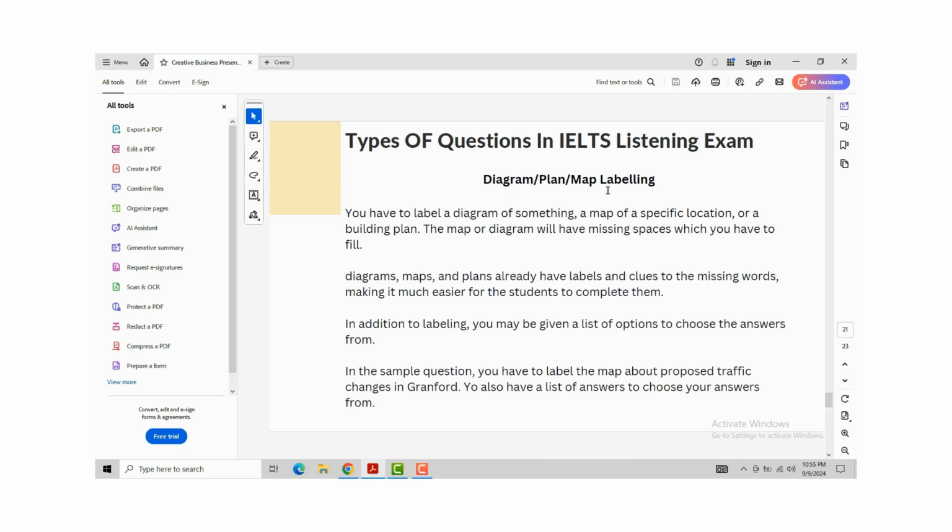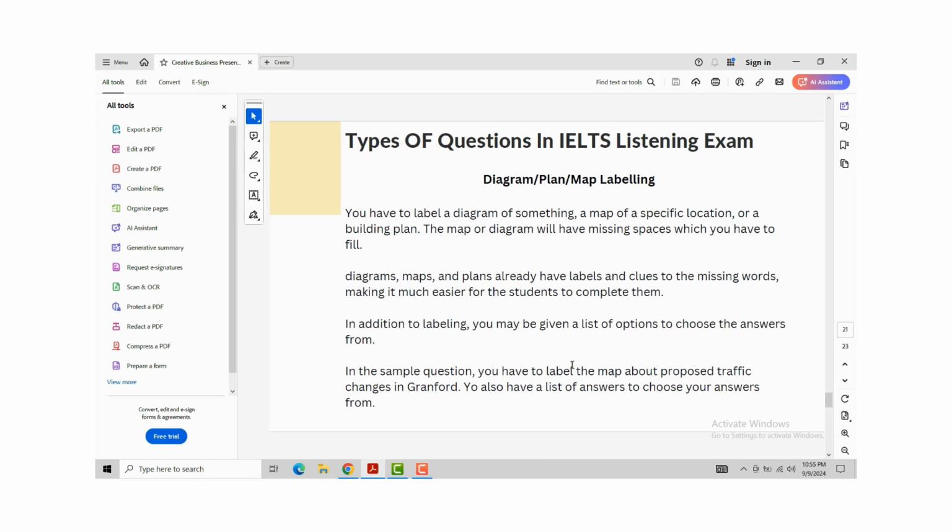Sometimes the map doesn't have any list of options. You just have to listen to the recording and then label the diagram, map, or plan. Sometimes you are provided with a list of answers as well, and you have to pick the right answer from the list and write it in its specific place in the answer sheet, which makes it even easier to complete the diagram.